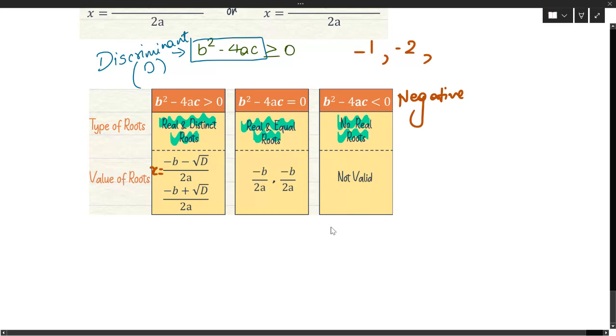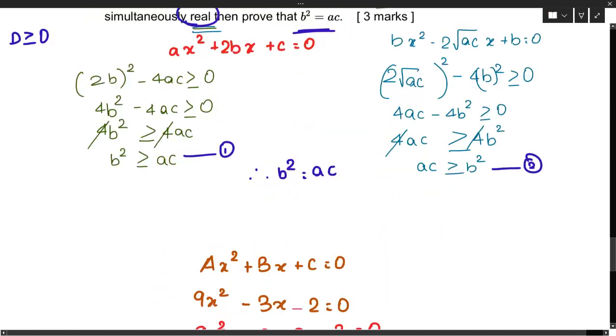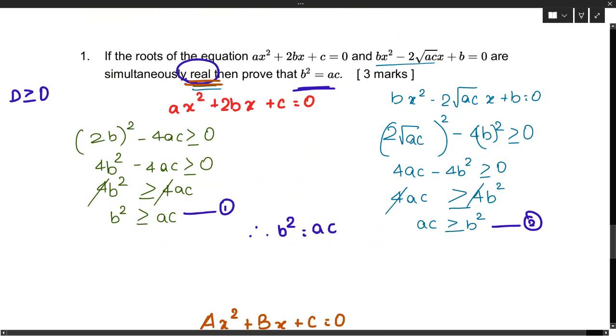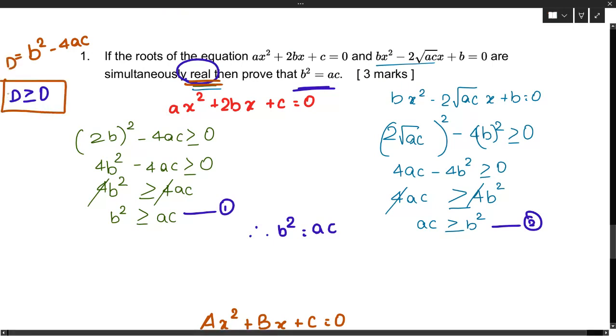Now the question which we solved at the start of the class, they were already saying in the question that it is a real root. Real root means b square minus 4ac is greater than or equal to 0.